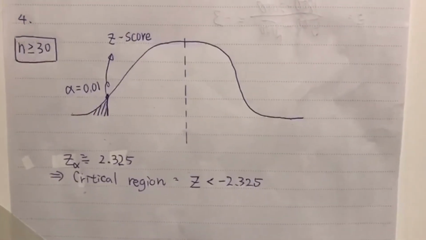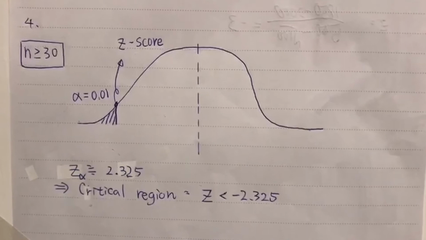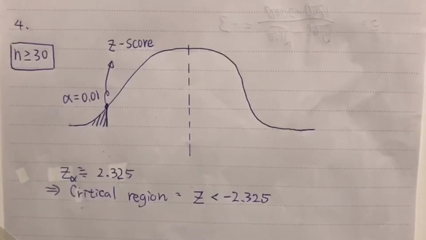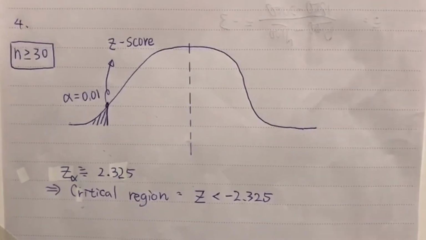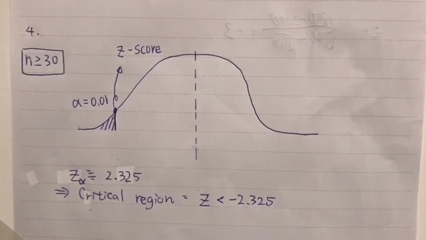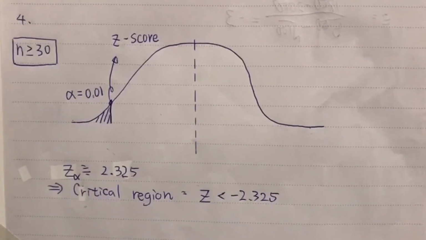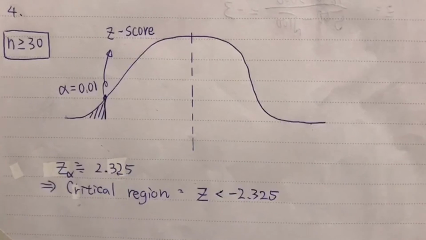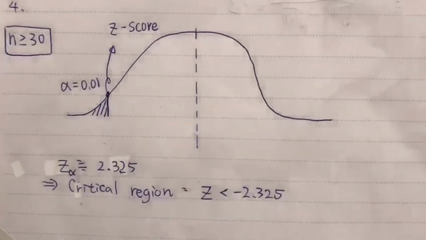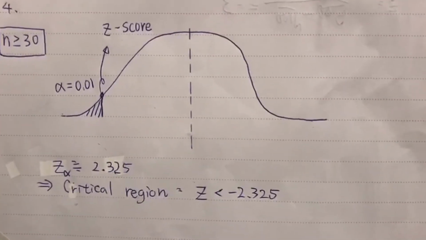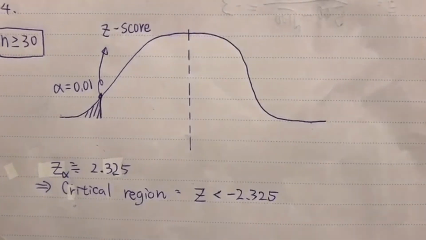Since the sample size is larger than 30, we will refer to the Z table instead of the T table. We are going to look up the alpha level of 1% in the Z table because we need to find the Z score of the boundary.